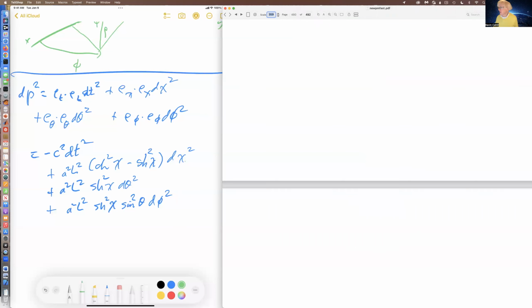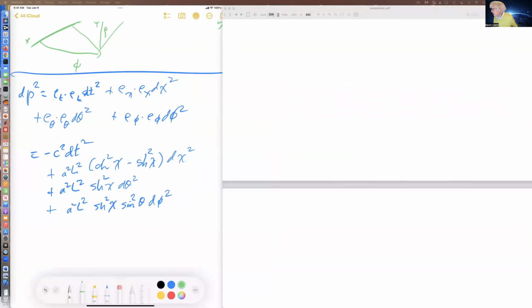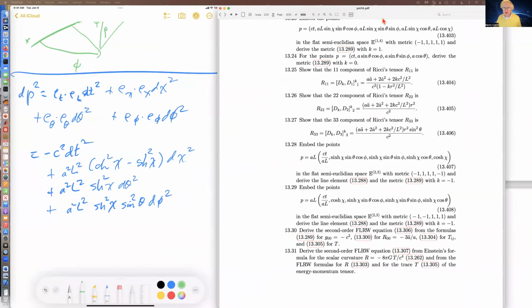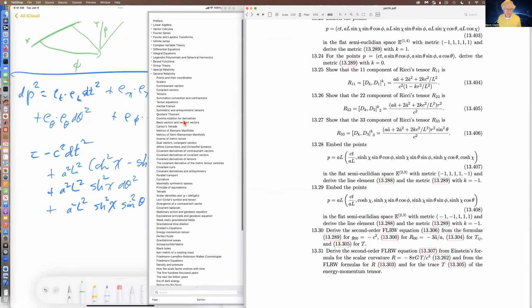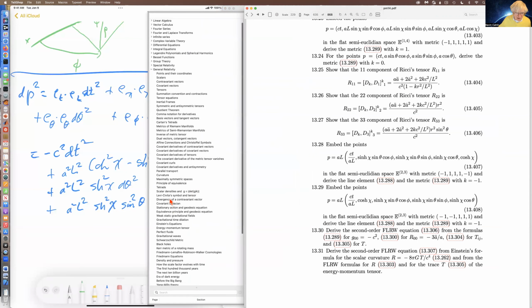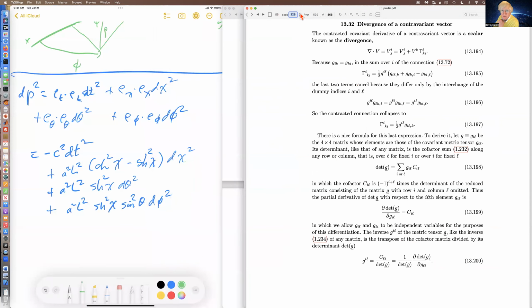So let me switch here to this one. All right, and let me go back to it. Those things that I just showed you were derived here in this section, and so let me make this much bigger.